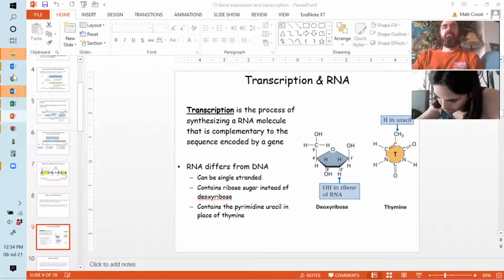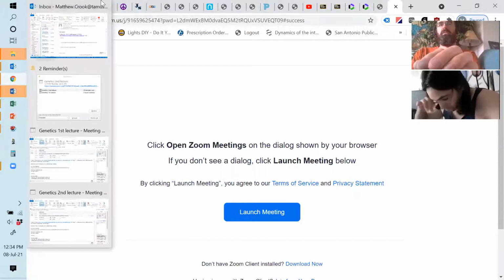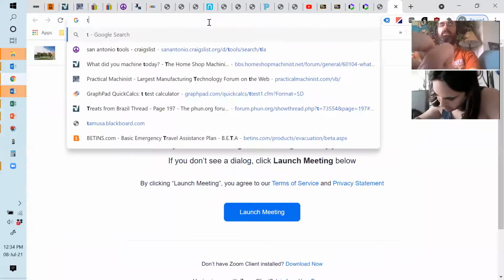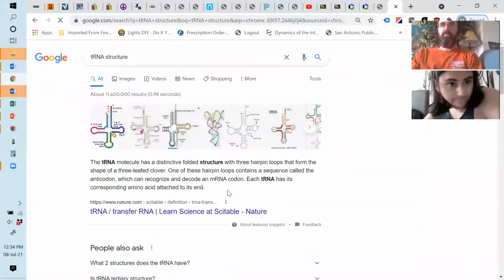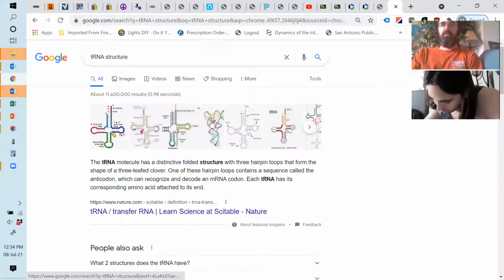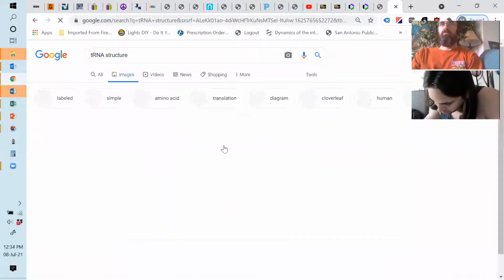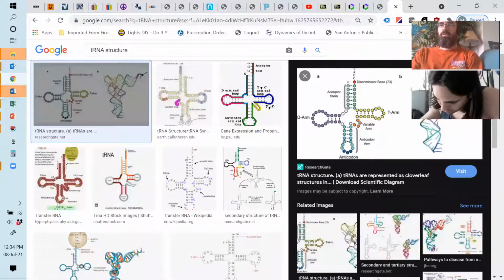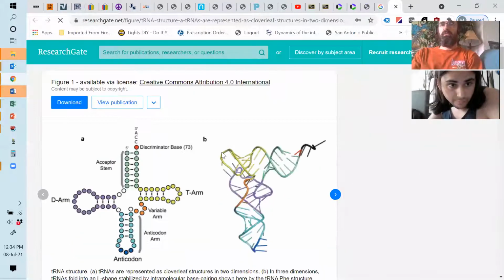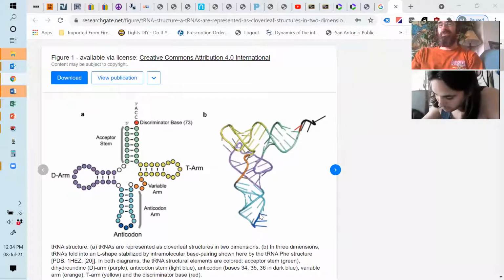So for example, this is what tRNA looks like, right?